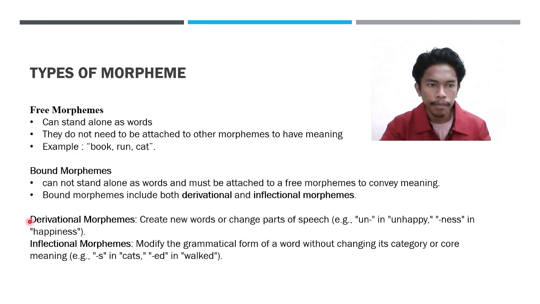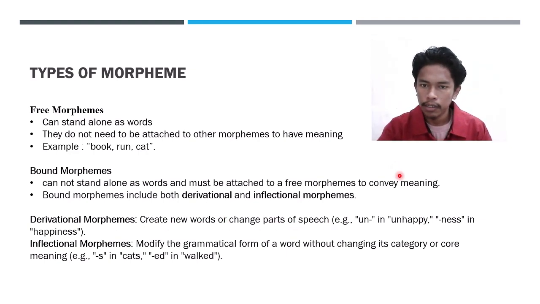So as we explained before, those at the front of the word and at the end of the word come from the derivational morphemes, right? So derivational morphemes create new words or change parts of speech, right?